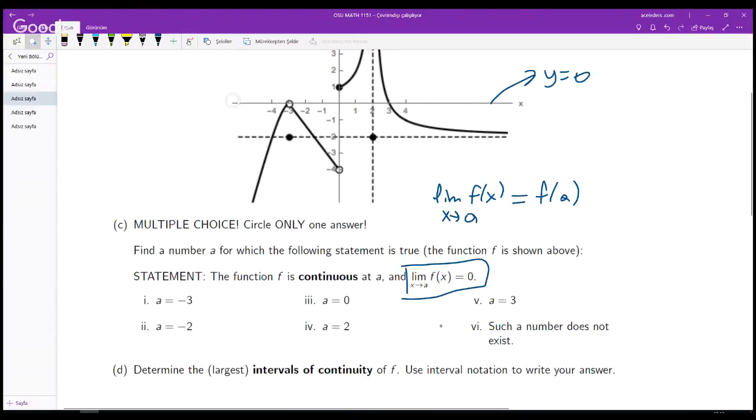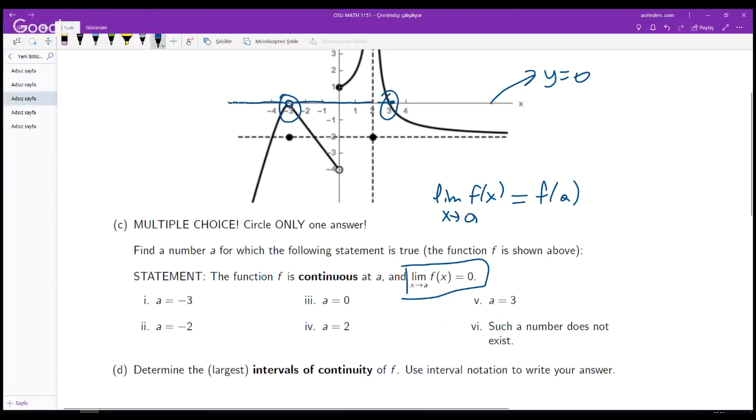So I follow this one. Oh, there's a point here, and we will talk about that. And I follow again, and there's a second point here. So which one? Is it x equals 3? And is it x equals minus 3? You see, when x is minus 3, the function value is not equal to the limit.